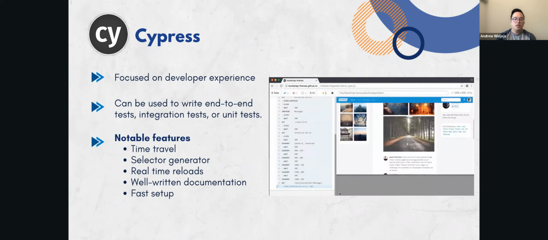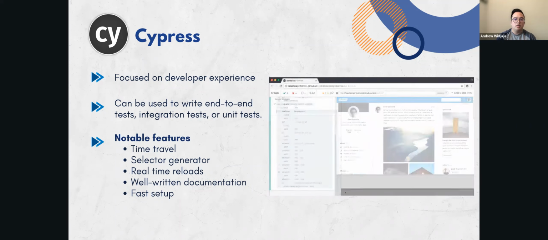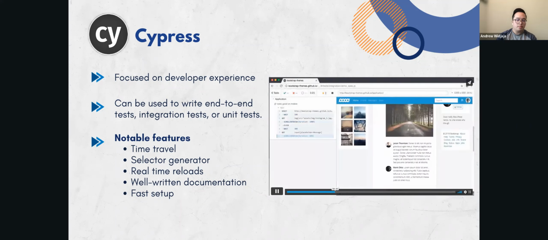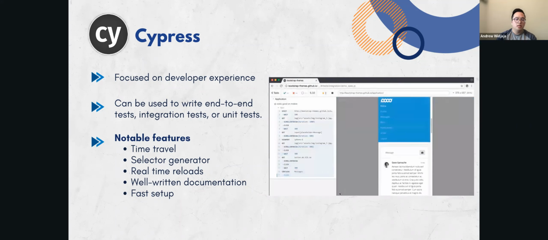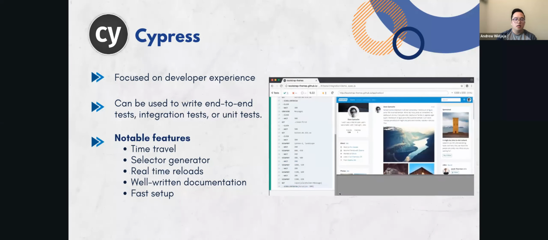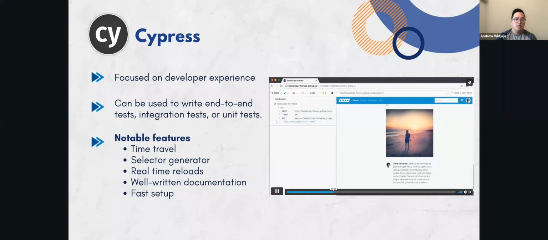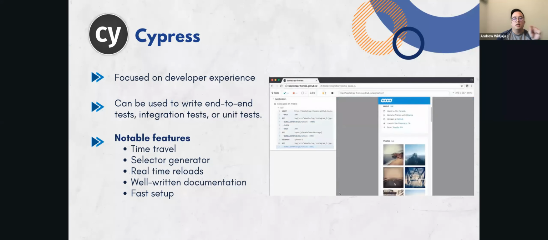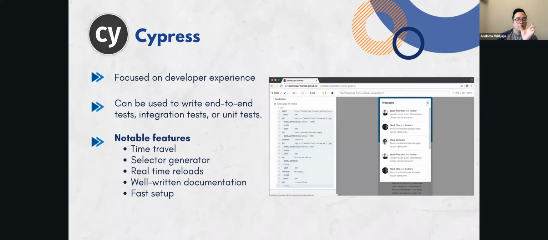And some notable features that may not be unique to Cypress, but that they offer, are time travel for easy debugging in their environment. They have a selector generator that makes it easy to write the code. You can just select elements and then it'll provide you the selector that you would need to use.